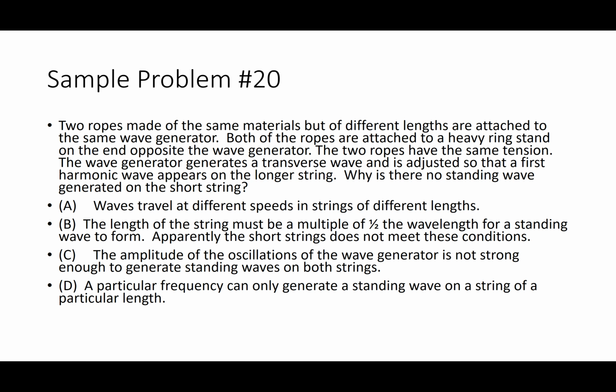Well, if we look through our answers here, the best answer is B. The length of the string must be a multiple of 1/2 the wavelength for a standing wave to form. And the shorter string just doesn't meet those conditions. So again, standing waves can only form on strings that have lengths that are multiples of 1/2 the wavelength.